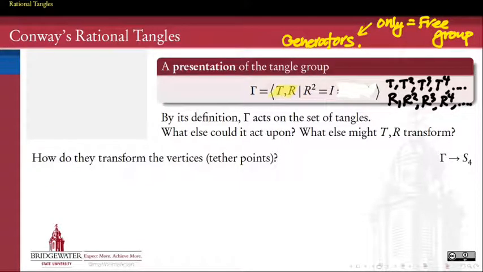I can write R, I can write R squared, but R cubed and any higher power of R we can simplify. Even R squared we can simplify down. So now I can write any word in this group using just a single R interleaved with some T's, because if I have a pair of R's next to each other, I can get rid of them. So now I've introduced what's called, in a group presentation, a relation.